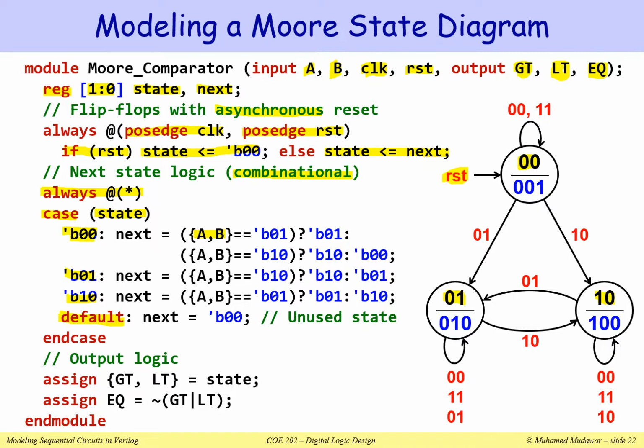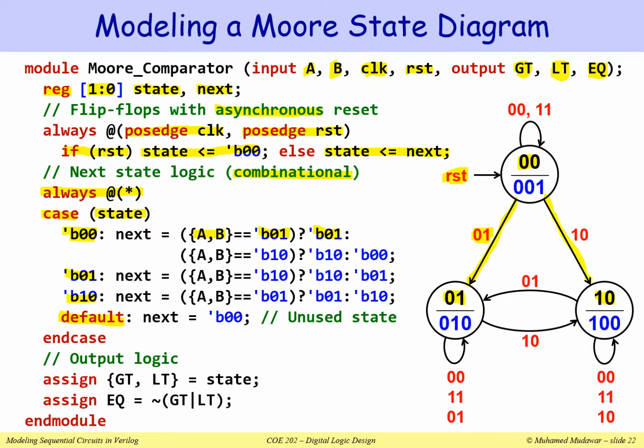Now, if I am in state 0, 0, which is my reset state, my next state will depend on the value of A and B. If A and B are 0, 1, then my next state must be 0, 1. So I have to make a transition from state 0, 0 to state 0, 1. This is why I have to write here that my next state will be 0, 1 if the input is 0, 1. Else, if AB is equal to 1, 0, then I have to make a transition from 0, 0 to 1, 0.